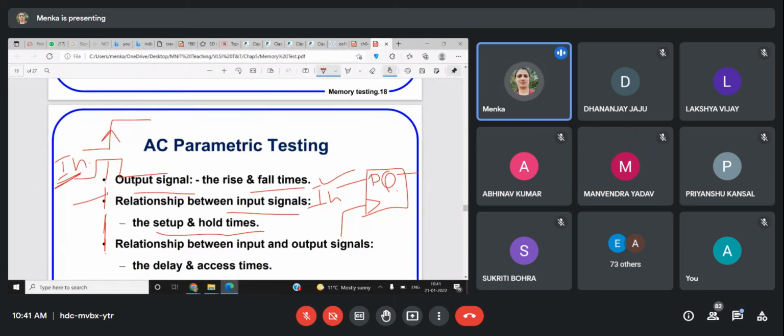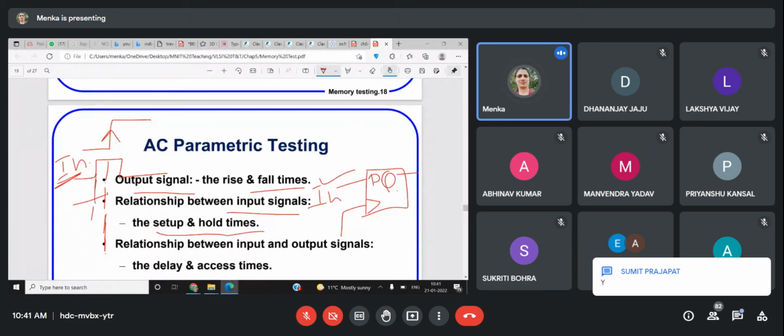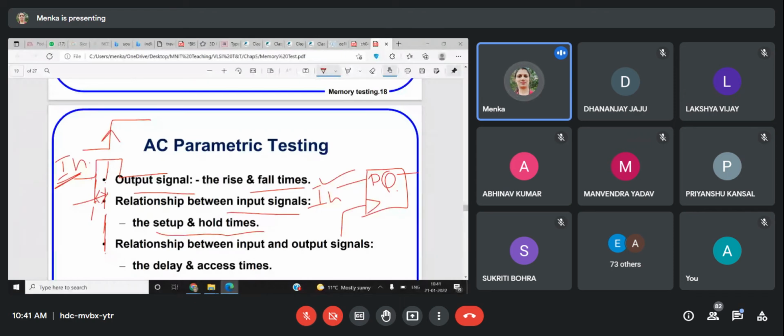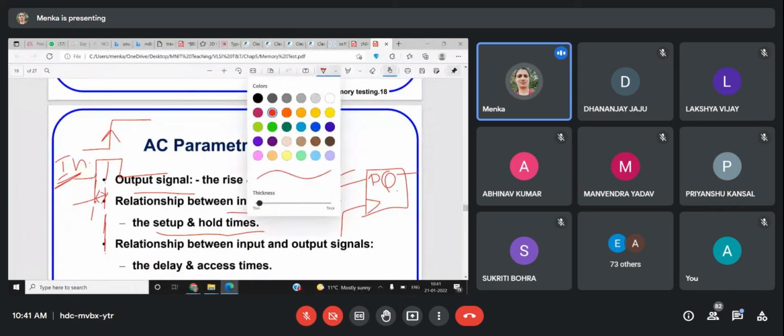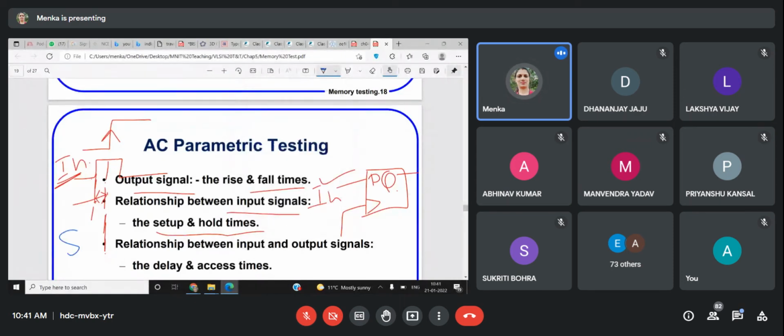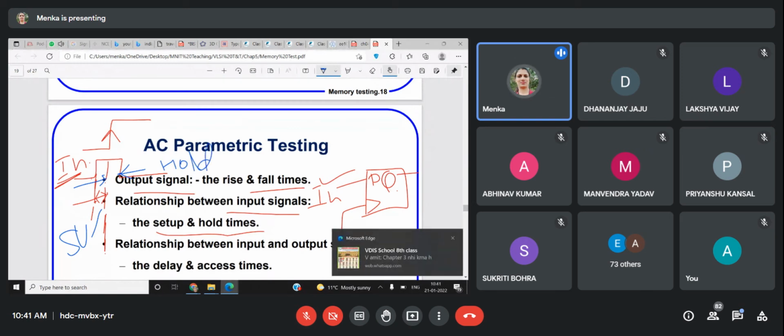The time before which your input is expected to be constant, you call this setup time, and the time after which it is constant, you call hold time. This time from this to this is the hold time. So this is how setup time and hold time take place.